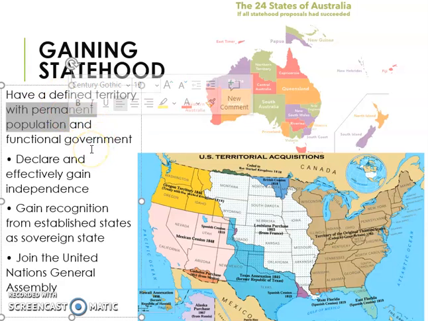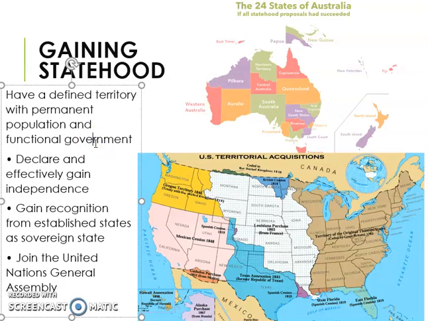You must have an existing functional government. Now, this government doesn't have to be recognized necessarily, but it does need to be functioning. You then, of course, have to declare and effectively gain your independence, just like the United States effectively declared and then gained their independence.